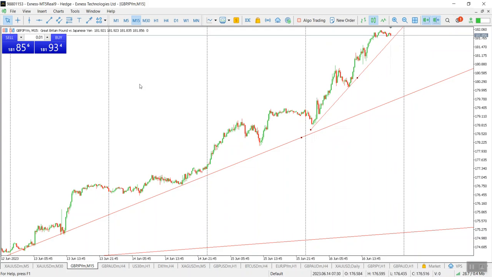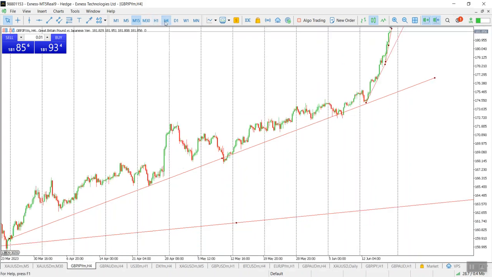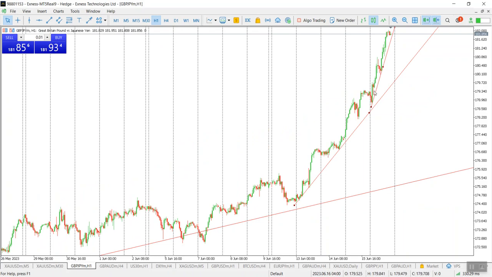Or at the 4 hours time frame, you know where your point of interest is, and when the market comes to that place, you take it. Or you go down to the 1 hour time frame, you know where your point of interest is, maybe probably here. When the market comes down here, you take a buy. The market is still here, and probably when the market hits the trend line again, because it has touched it, you can take a buy.